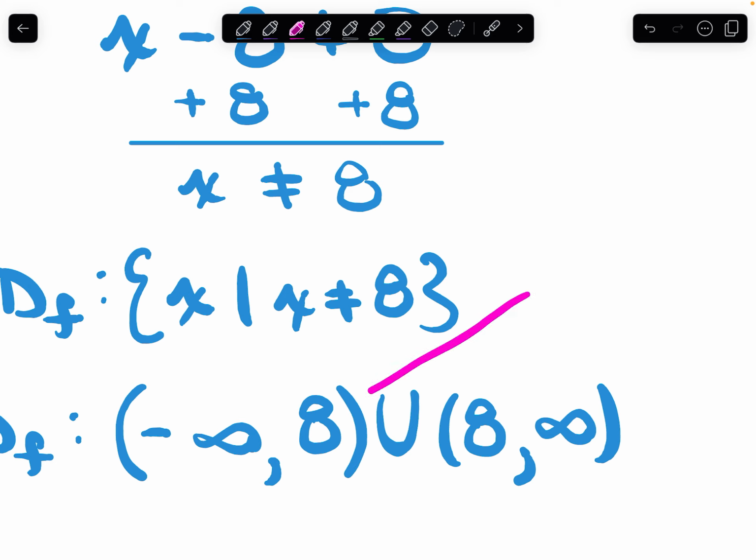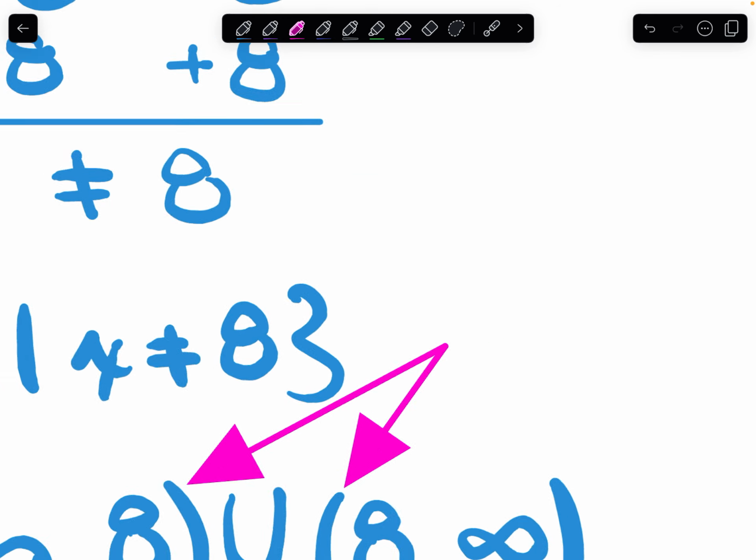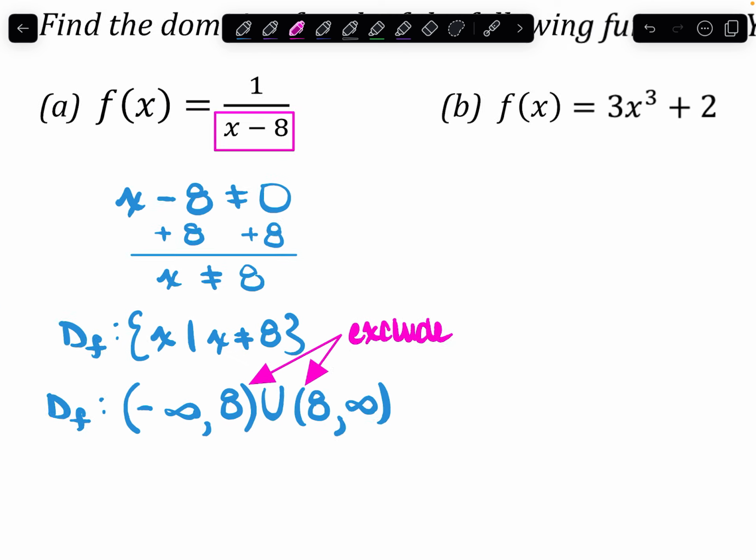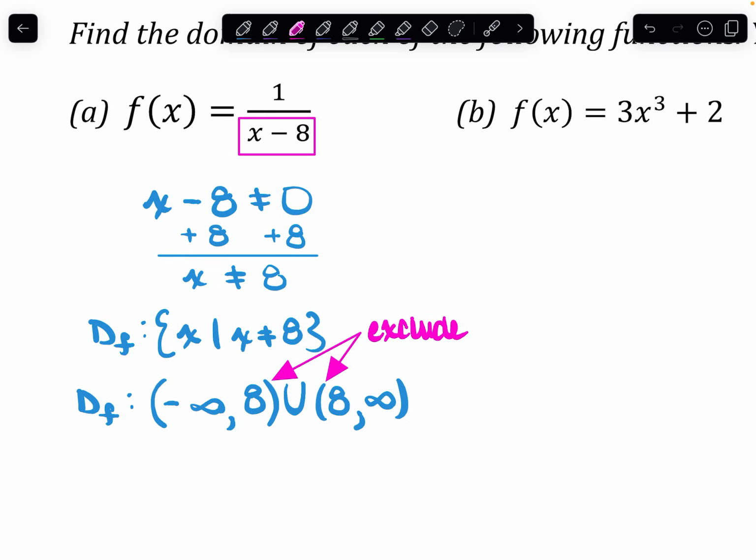Make sure you exclude both of them here. So I've got the exclusion, which is the parenthesis, on both. So you exclude in both cases. Otherwise, that means you're on 8. So notation wise, you can write it either way. Just make sure you read the directions so you know which way it needs to be written.